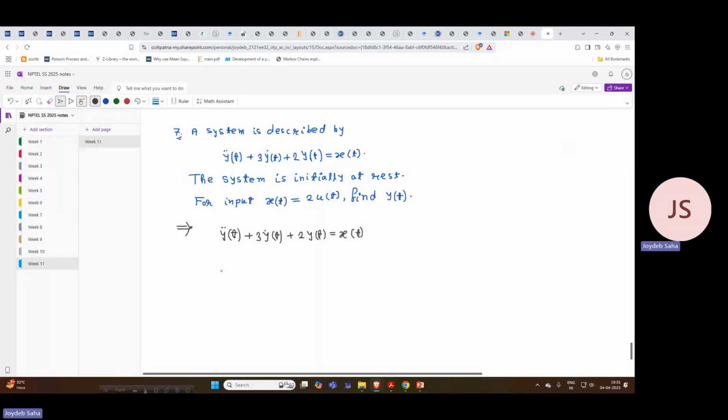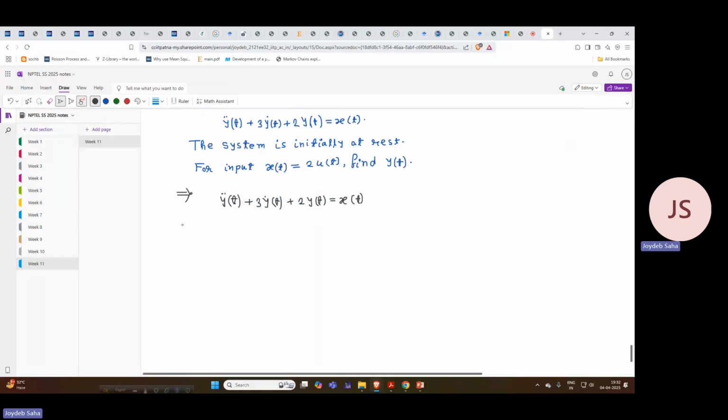Take Laplace transform on both sides. So initially the system is at rest, right?